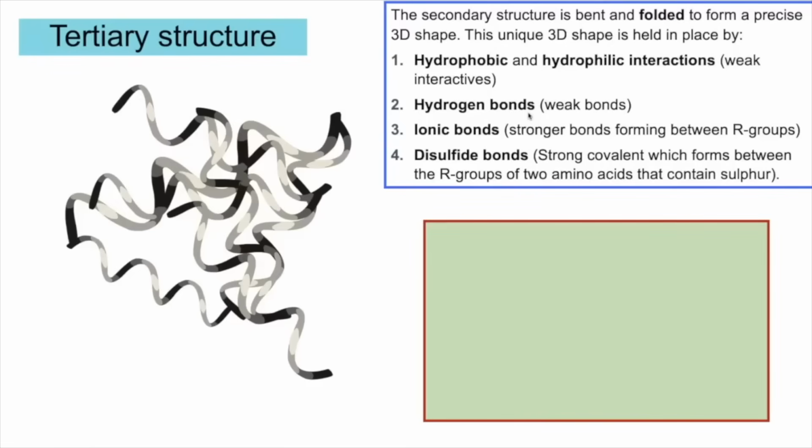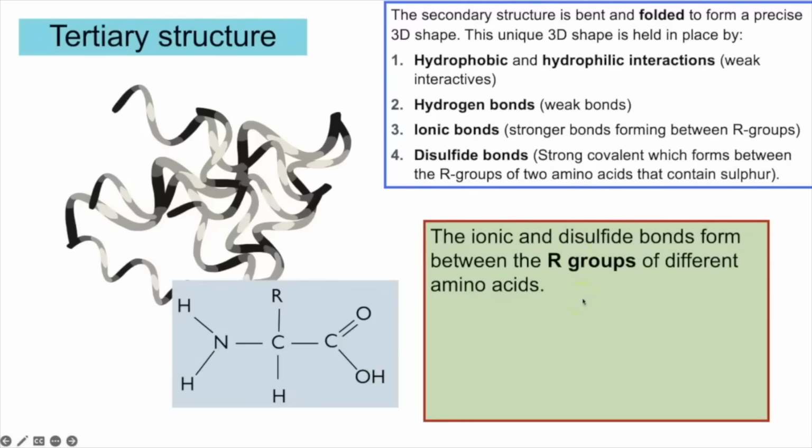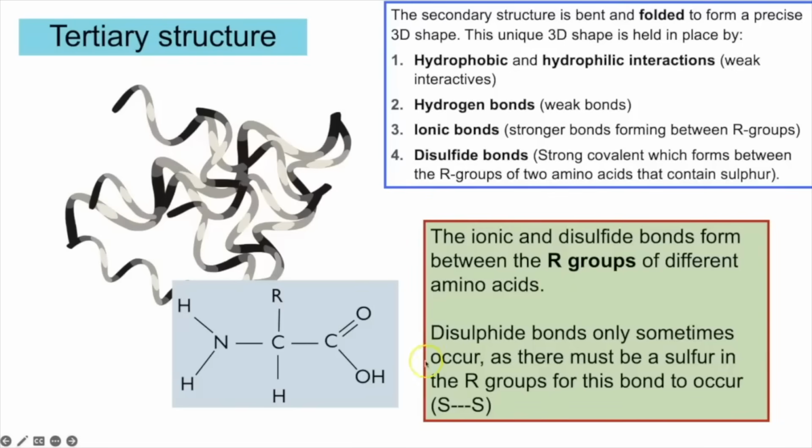Ionic bonds are stronger bonds, and those form between the R groups of the different amino acids, and the disulfide bonds, which are only sometimes present because there has to be a sulfur in the R group between 2 amino acids for this to form. So the ionic and the disulfide bonds form between the R groups of different amino acids, whereas the disulfide bond, as we said, only sometimes occurs if there is an R group that contains sulfur between 2 amino acids.